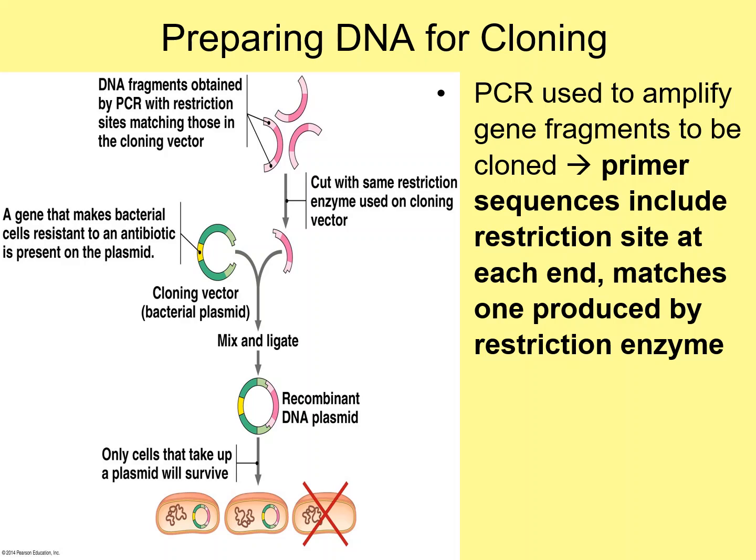Okay, so what do we do procedure-wise if we want to clone a gene, meaning we're going to use a bacteria to copy the gene that we want for us? Well, we are going to have to start with a little bit of PCR. So just like you did in lab, you're going to extract the DNA from the cells, whether it's a human cell, frog cell, whatever it is. Then you're going to copy the gene that you're interested in using PCR, and the primers that you're using are going to have particular what are known as restriction sites.